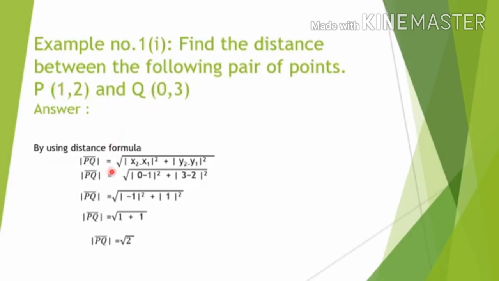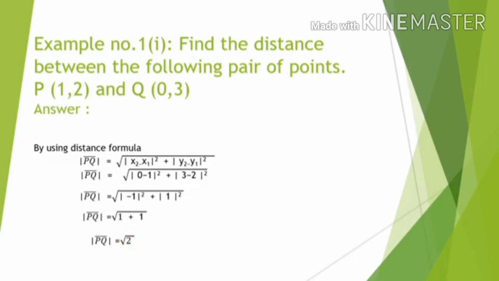So we will have 0 minus 1 whole square. Y coordinate of point Q is 3 and y coordinate of point P is 2. So we will have 3 minus 2. Now we just have to simplify this. 0 minus 1 will give you minus 1 whole square and 3 minus 2 will give you 1 whole square. Here we will have 1 plus 1 under the square root. And our answer would be PQ is equal to square root 2.